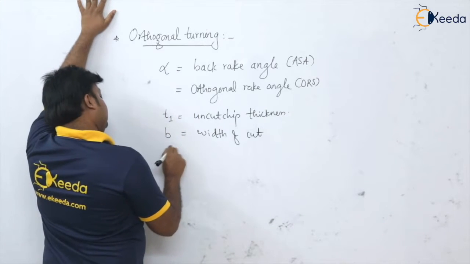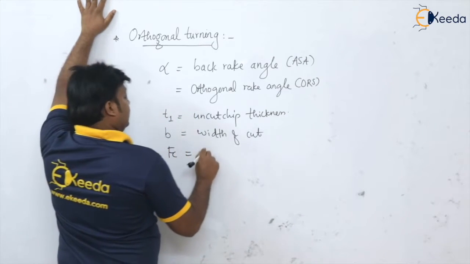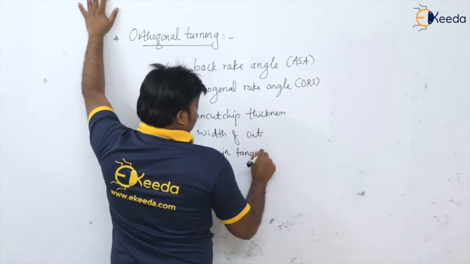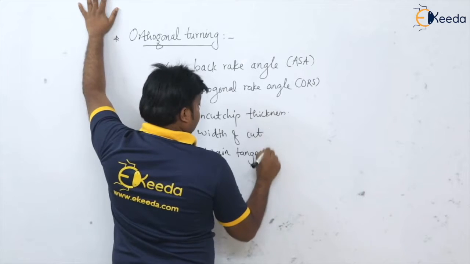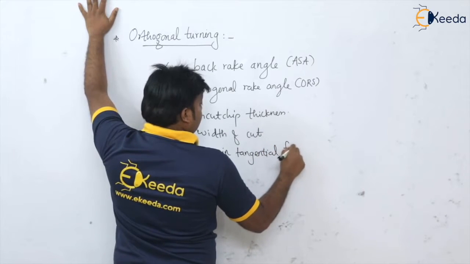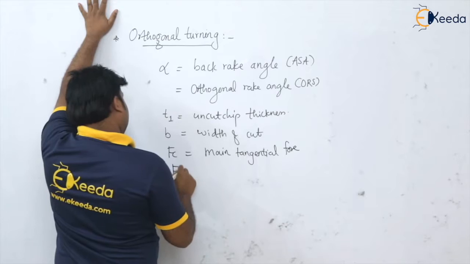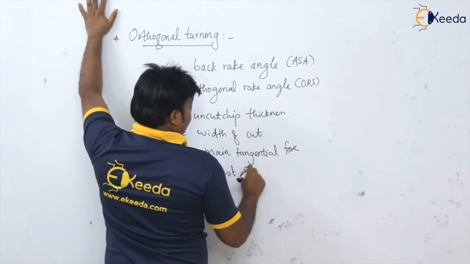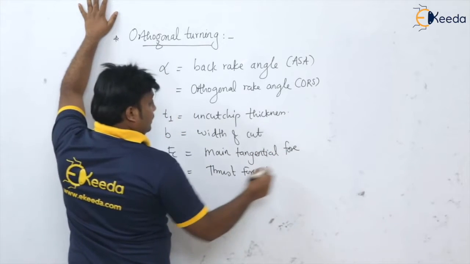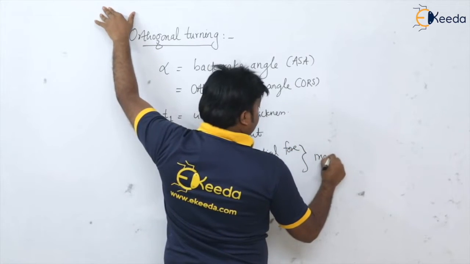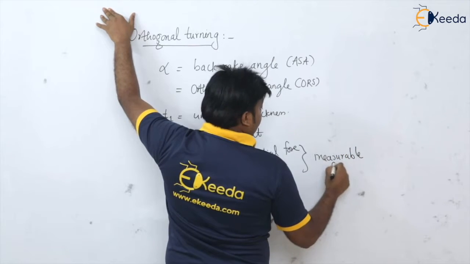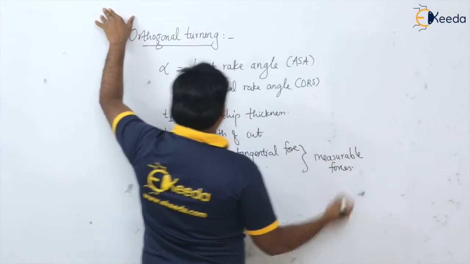Then FC, that is the main tangential force, and FT is our thrust force or feed force, which are measurable forces by the dynamometer.